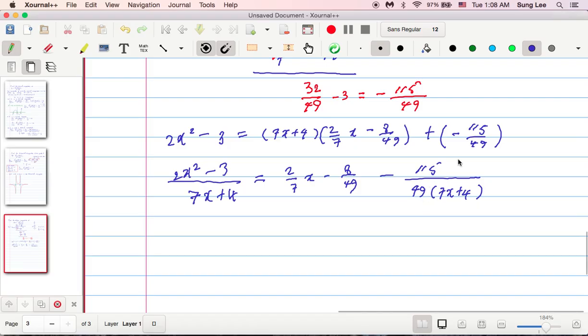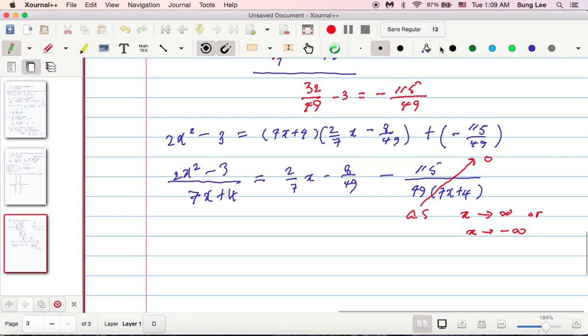When x goes to infinity or x goes to negative infinity, this term goes to 0. When x becomes larger and larger in the positive or negative direction, this term gets smaller and smaller, so it goes to 0.